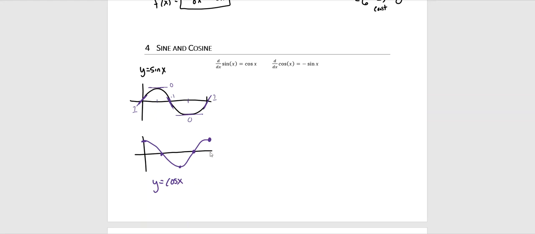And we could do this a lot, but here is a wheel of trigonometric magic that you're going to want to know. All right, so if you have sine of x, the derivative is cosine of x. If you have cosine of x, the derivative is minus sine of x. So if the derivative of sine of x is cosine of x, then the derivative of minus sine of x must be minus cosine of x.